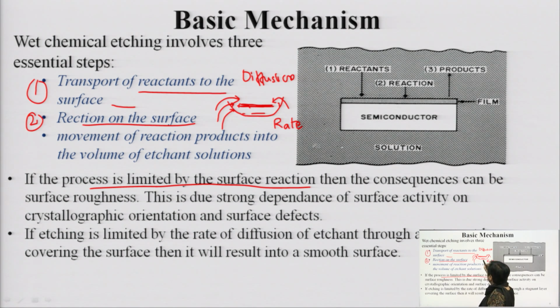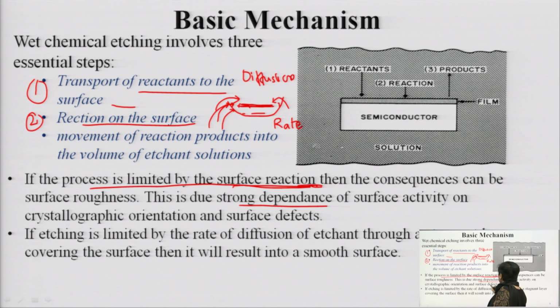Once other species are made available, the reaction will happen again, and that time it depends on the surface reaction rate: how many species are available to react, how many it can further dissolve.